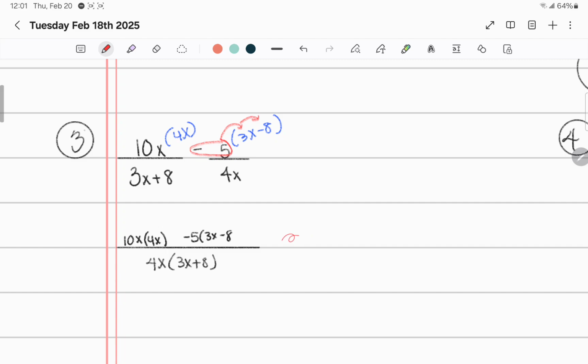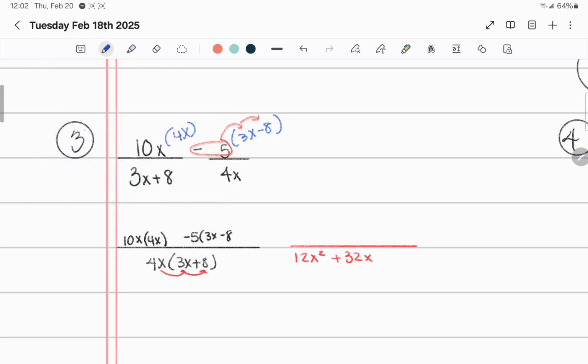Okay, so now for rewriting. So the bottom, we have 4 times 3. That's 12x squared because they both have x's. And then 4x times 8, that is positive 32x.